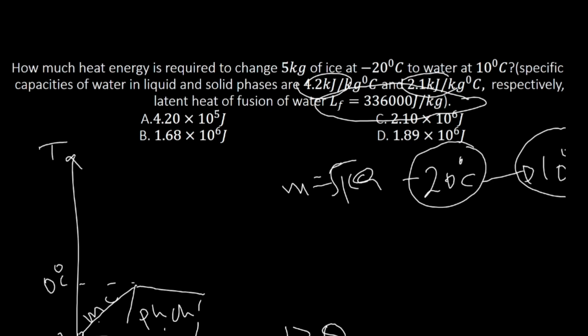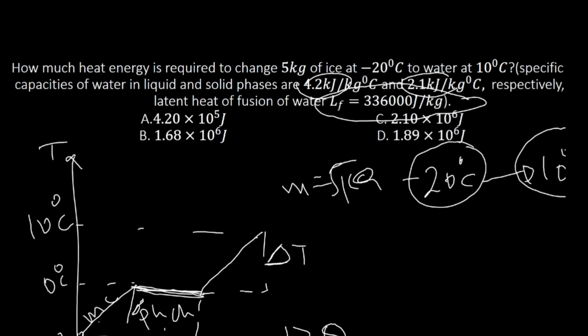Later, the temperature increases from 0 degrees centigrade to a final 10 degrees centigrade. So there is a change in temperature here and here, but here there is no temperature change, since the phase change is happening.